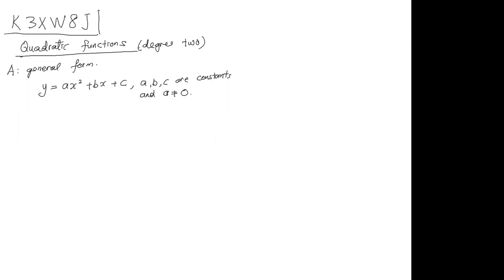Okay, I give you an example like that. I give you y equal to 3 minus 2x minus half x squared. Okay, now you tell me, what is the a here?